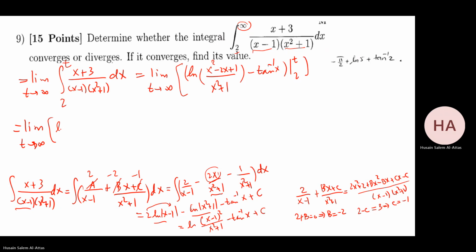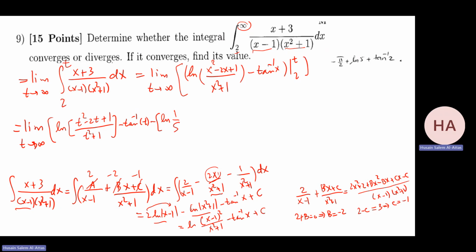I have ln of t squared minus 2t plus 1 over t squared plus 1, minus tan inverse of t, minus ln of what? 2 minus 1 is 1, ln 1 over 5, sorry, not half.